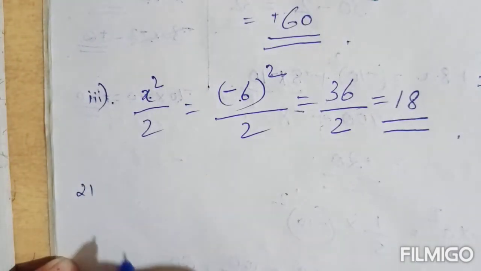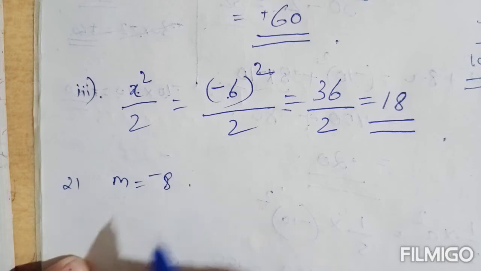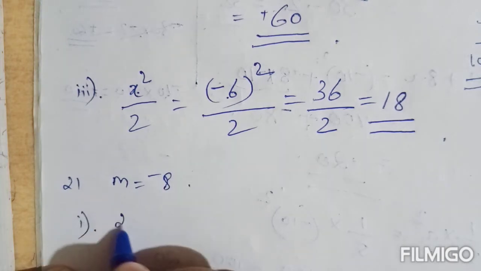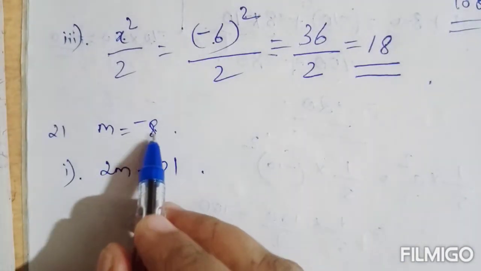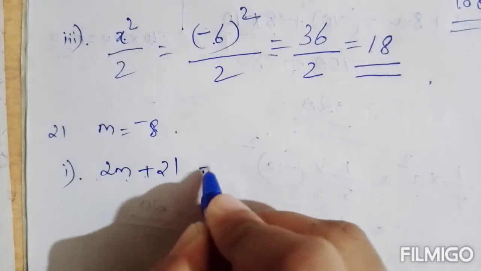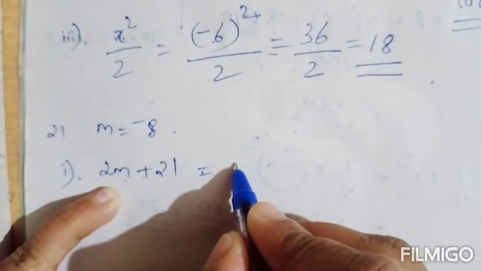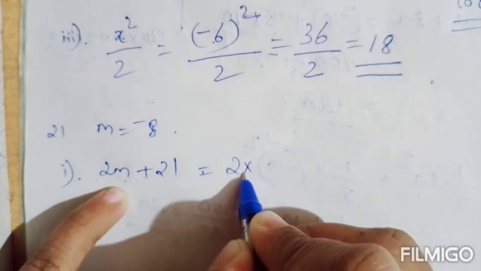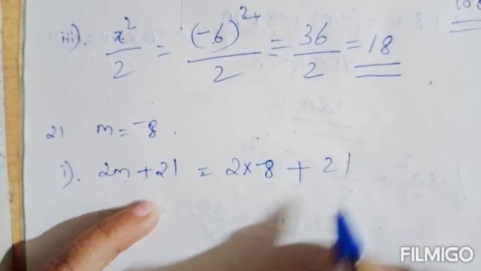Now 21. If m equal to minus 8, evaluate first one, 2m plus 21. M value is given minus 8. You have to find the value of 2m plus 21. So just give the value for m. 2 into m value, it is minus 8 plus 21.